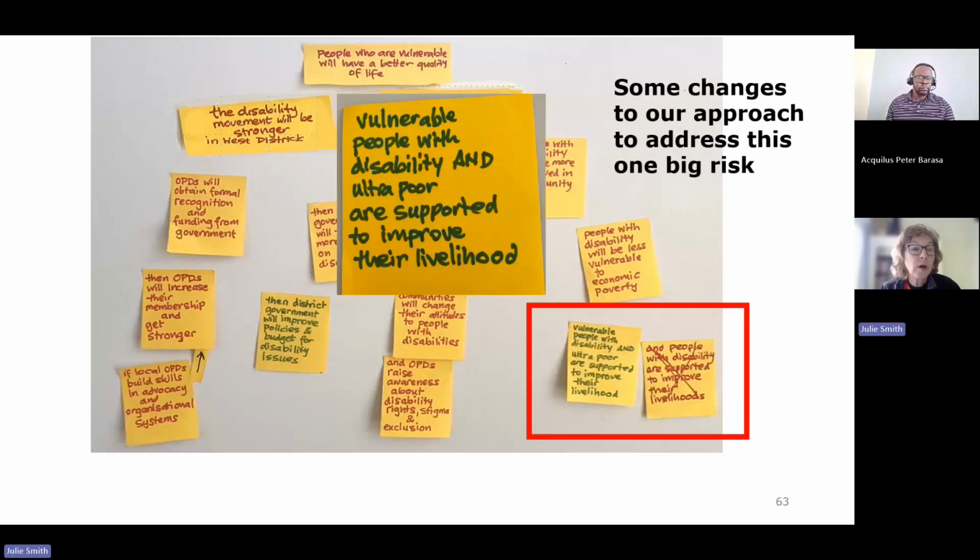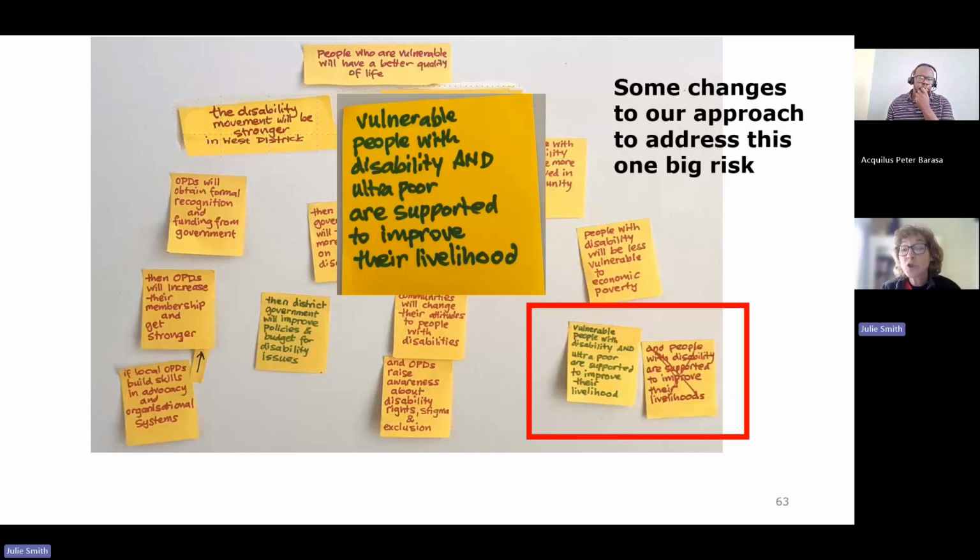So if you address risk at this stage, there might be things that mean that you take a different approach and you add things in. For example, including more people who are poor but don't have a disability. But there's other things like the government giving out blankets.